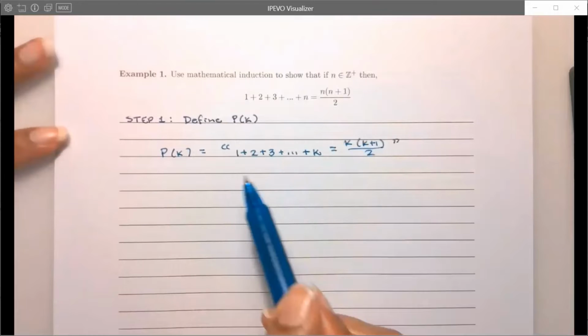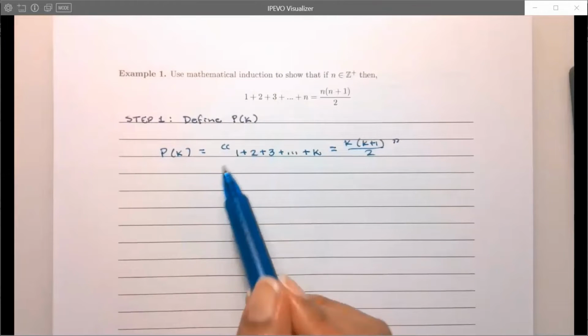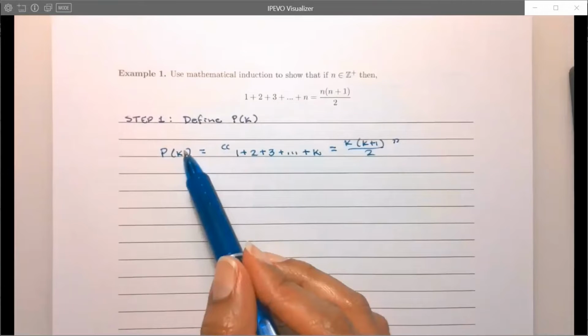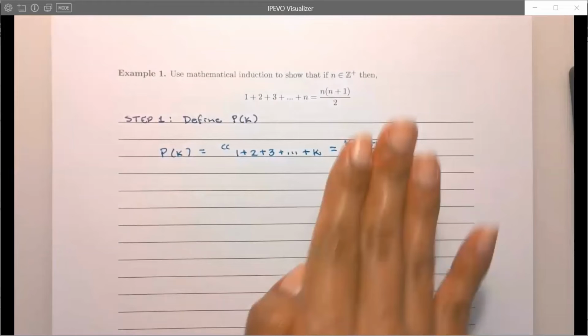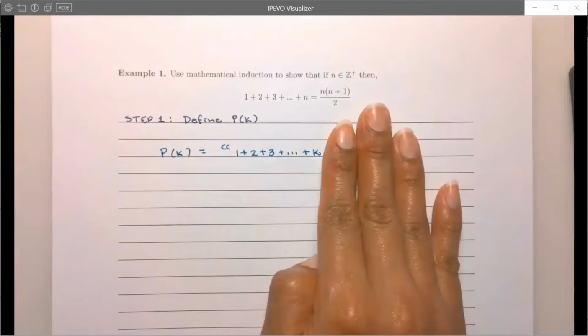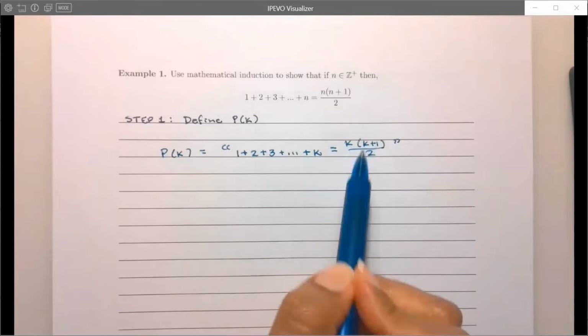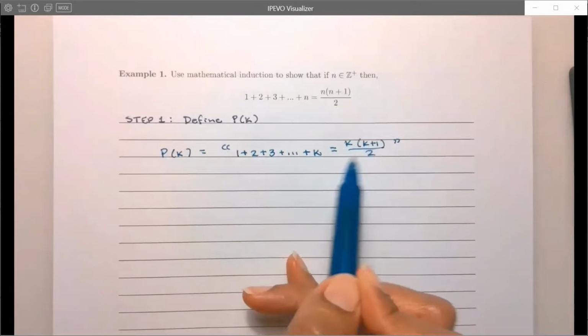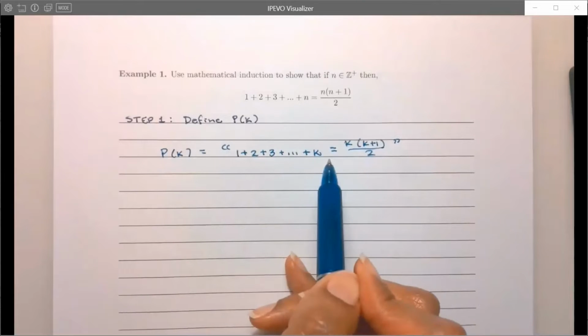Remember, P of K has to attain a true or false value when you replace a value for K. So it would be incorrect to simply write, oh, P of K is the sum 1, 2, 3 all the way down to K, because that does not attain a true or false value. It attains a numeric value. So just always double check that you have something that can evaluate to true or false, like in this case, an equation.